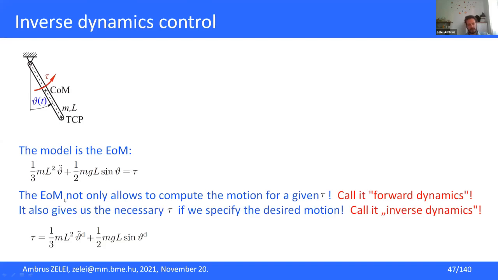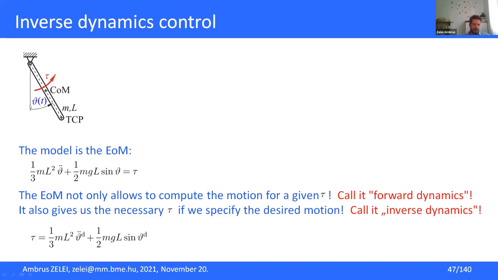But we can also use the equation for the opposite purpose. So we just switch the two sides and we say that the motion is given. So the theta angle is given in time and we call it desired joint angle. And if it is given, by using time differentiation, we can recognize that the acceleration for the same joint angle is also given.